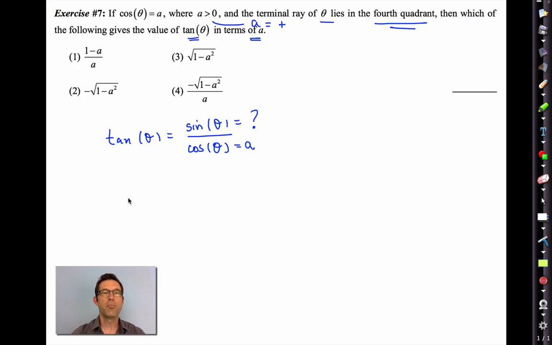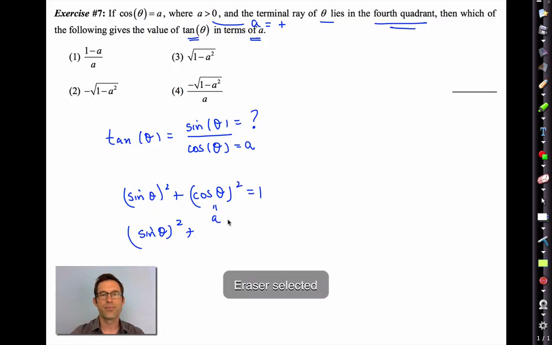All right? But we can use that Pythagorean identity again. Remember that the sine of theta squared plus the cosine of theta squared is equal to 1. So sine theta squared plus cosine theta, whoa, that was my a, right?